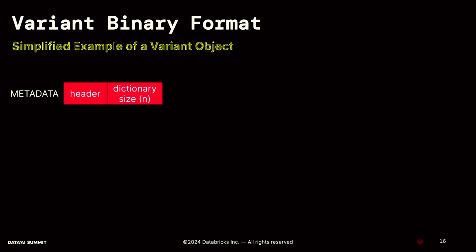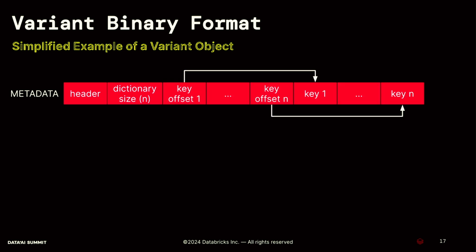We will explain the binary format in more detail with this simplified example of a variant object. So the metadata blob contains a header and a dictionary of keys. The dictionary size indicates the number of keys. The key offset values point to locations of the respective keys in the key data section.